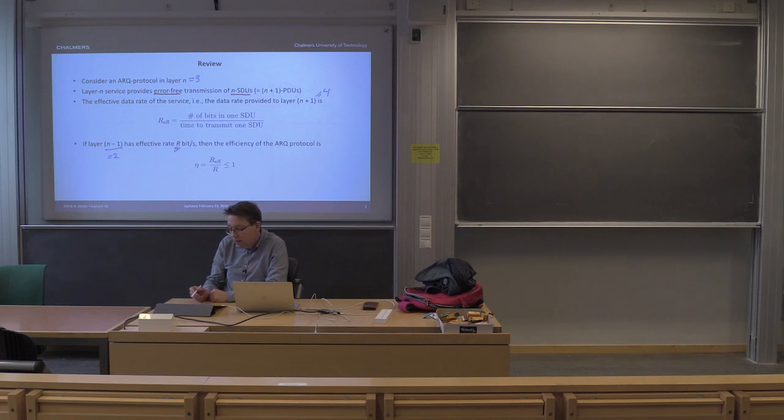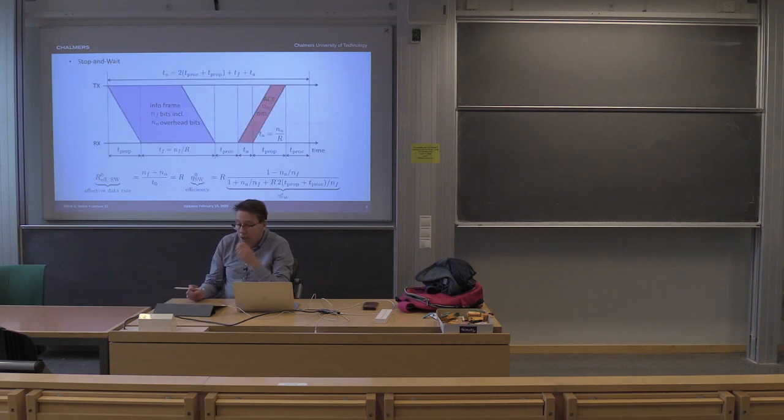If that has an effective rate of r bits per second, then we can compute the efficiency of our protocol as the ratio between the effective rate, the rate that we provide up, divided by the rate that we get from below. And this is something which is less than 1. Obviously, we would like this to be as close to 1 as possible. Written in terms of the efficiency, the effective rate is the efficiency times the data rate of the layer below us. So we would like the efficiency to be high here.